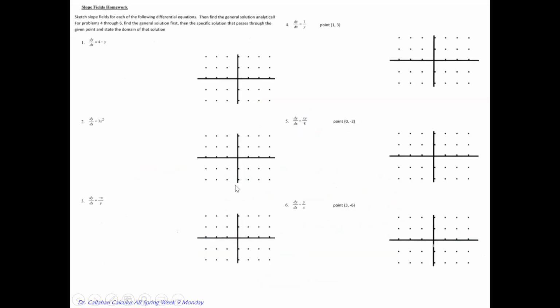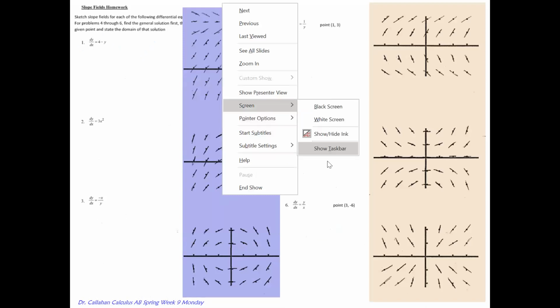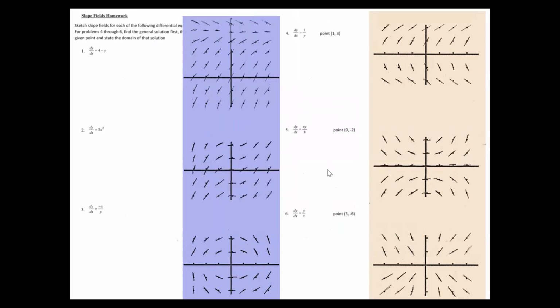Okay, so your number 5 should look something like this. And I'm going to show you how to find the equation that's affiliated with this one.